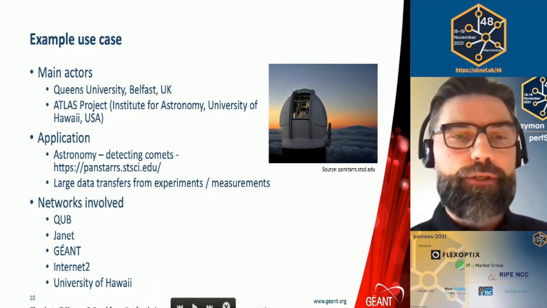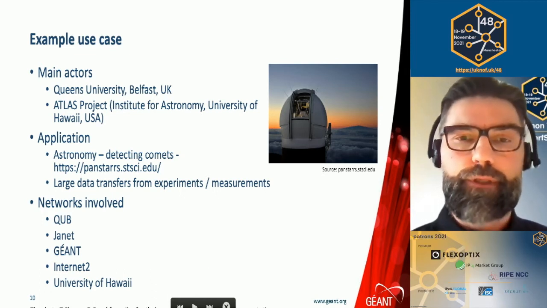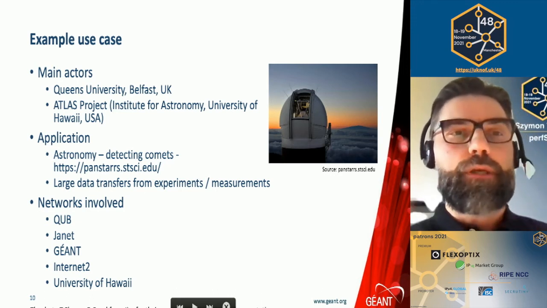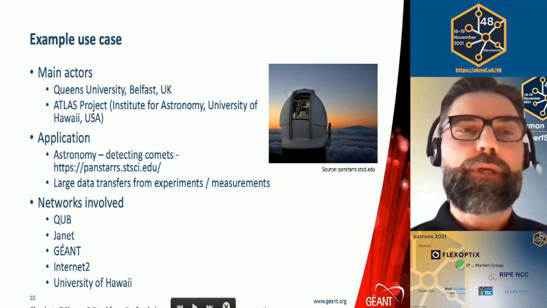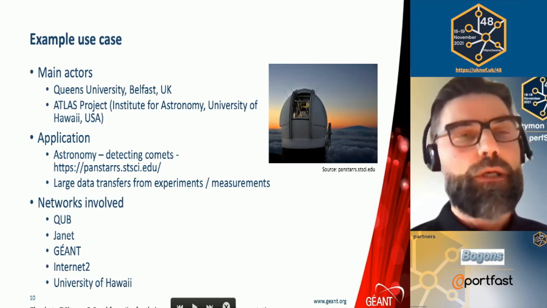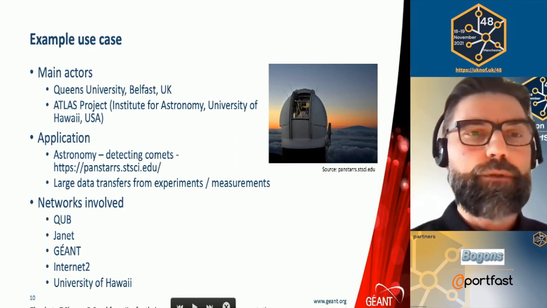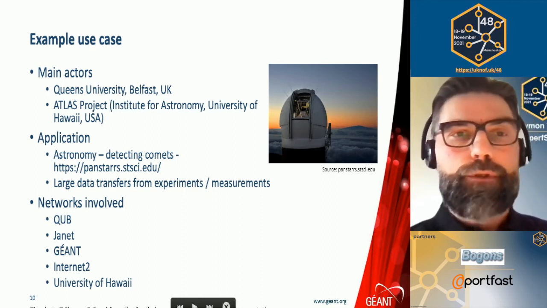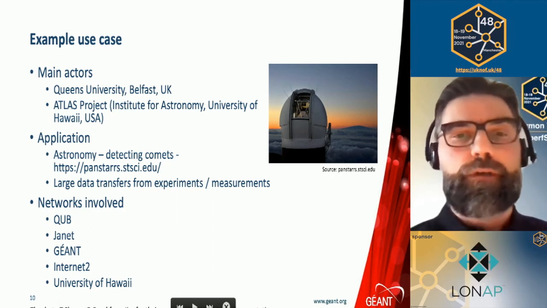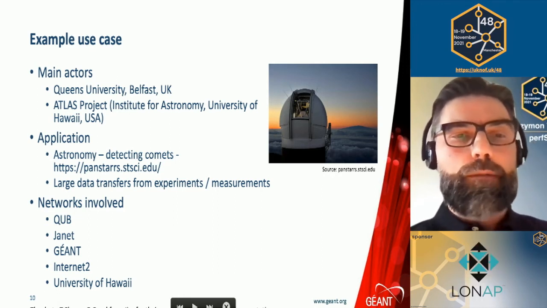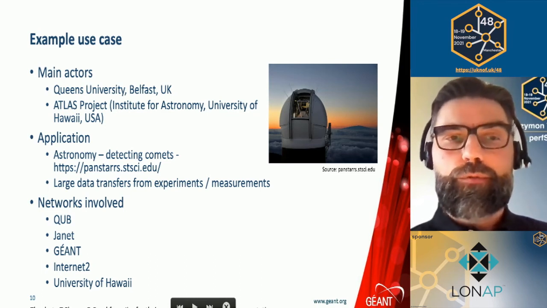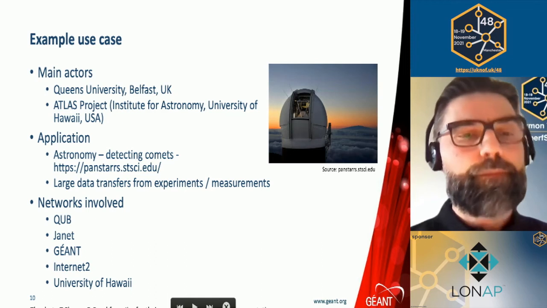It involves large data transfers from different measurements, observations, and experiments, because there is a set of collaborating organizations around the telescopes, and they are used to analyze the data. They do visual video processing of the data in order to find these objects. So usually there is a large data transfer between the actors. Next slide, please.